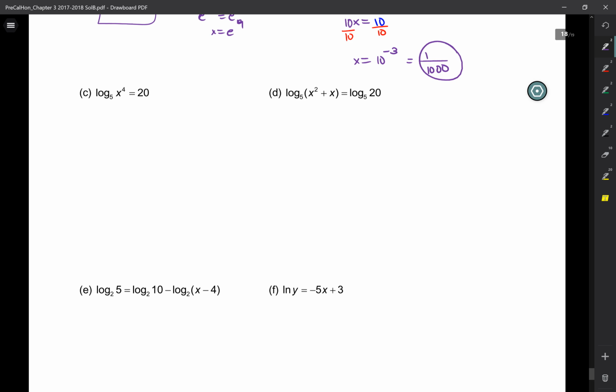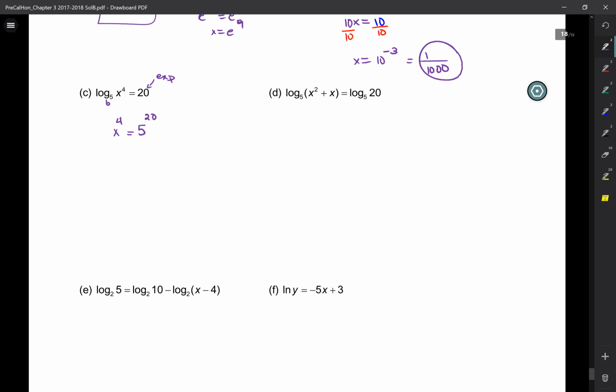Okay, here we go. In this mess of this problem in C, where is the exponent? 20. What's the base? 5. So x to the 4 is equal to the base to the power of 20. Now it's x to the 4.